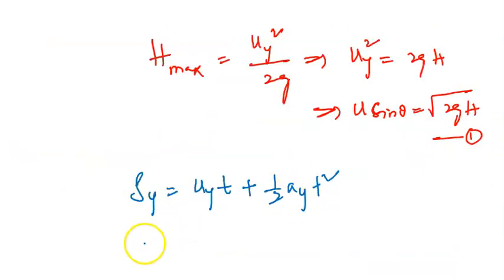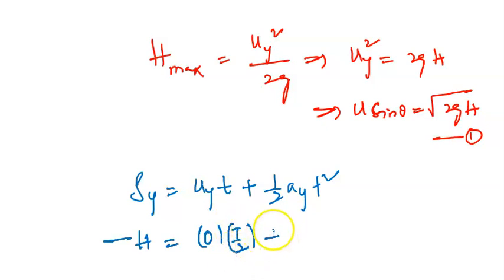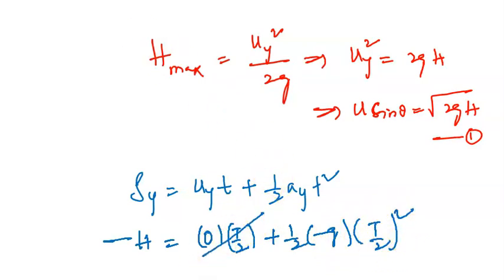Therefore minus H is equal to 0 into t by 2 plus half into minus g into t by 2 whole square. The first term is 0, and the minus signs cancel.